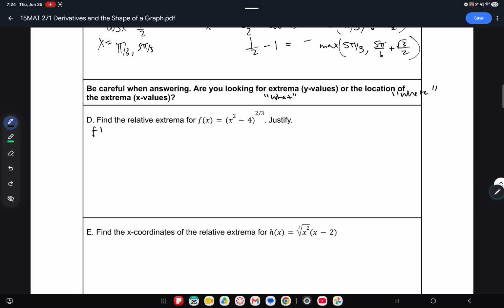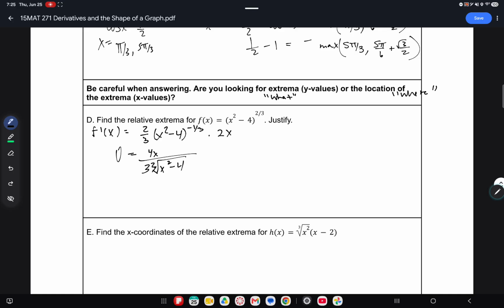So, all right, let's find the derivative. So we get 2/3 x squared minus 4 to the negative 1/3 times 2x, which I will make that 4x over 3, and then cubed root of x squared minus 4.